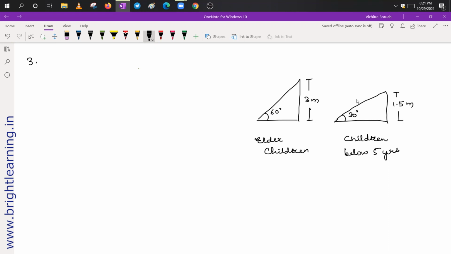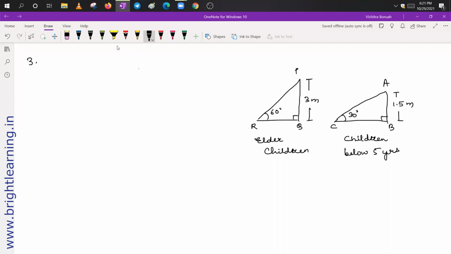Okay, so suppose this is A, B, C, and suppose this is P, Q, R. Both will form a right angle triangle.